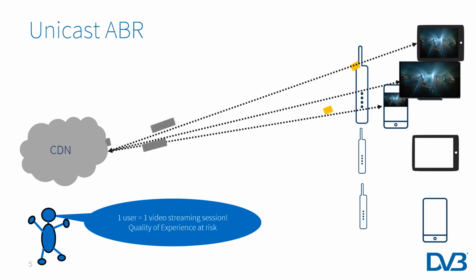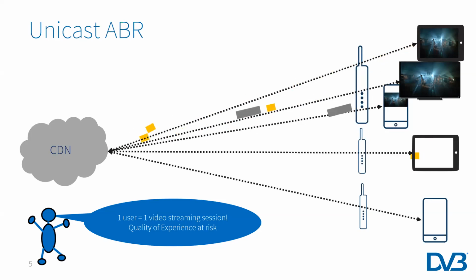So overall, in Unicast ABR, one user is equivalent to one video streaming session. And this can become a problem, of course, if you have several hundred thousands or even millions of multimedia sessions running concurrently.